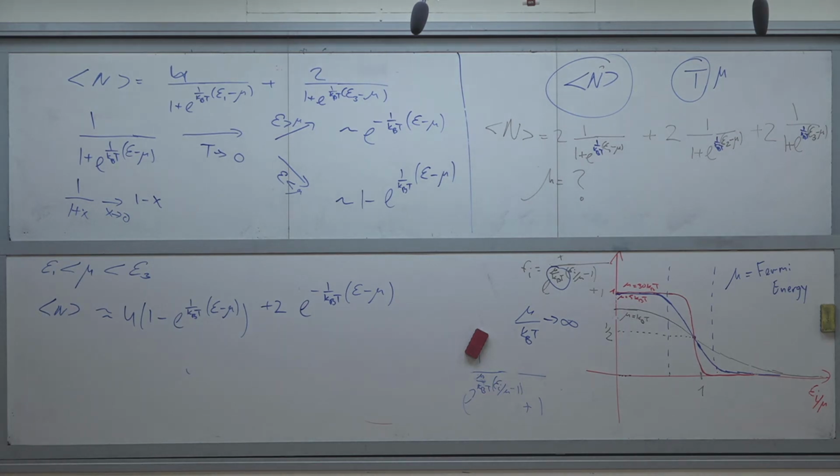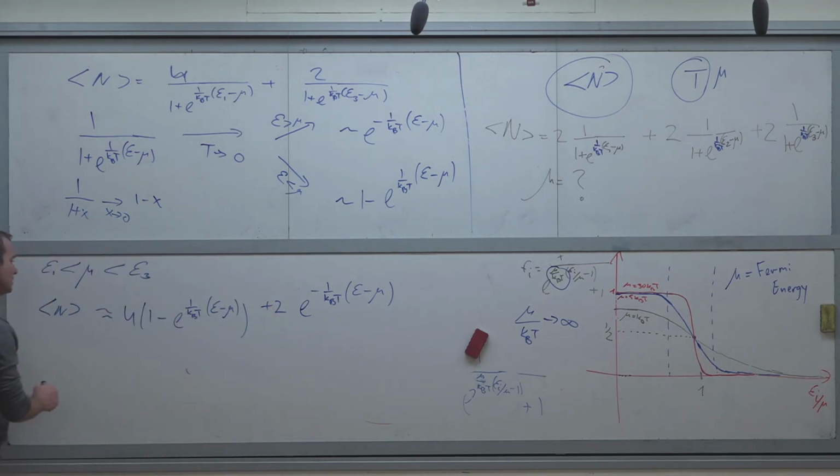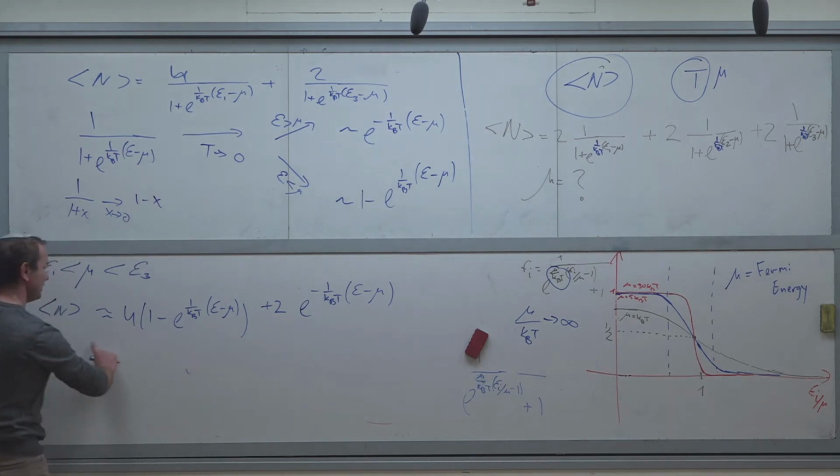Why is it easier? Because we have this n, we have this 4, we have 2, so let us move this term to this side.